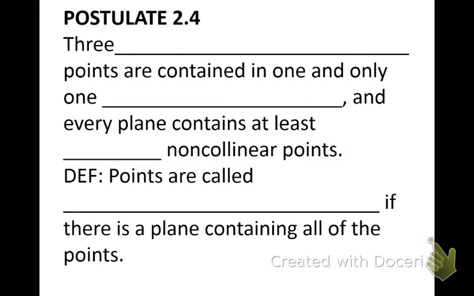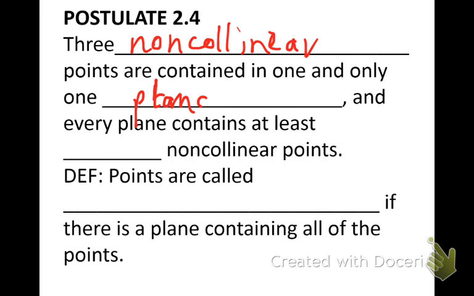Three non-collinear points are contained in one and only one plane. So 2 points make a line, 3 points make a plane. And every plane contains at least 3 non-collinear points.